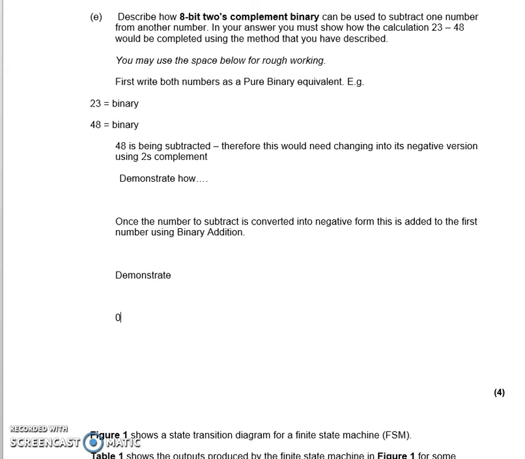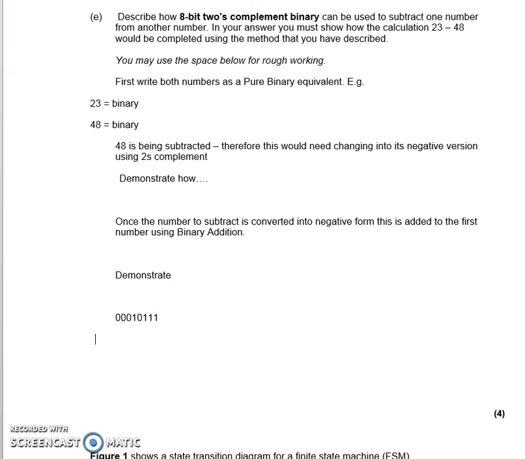So 24 would be this, and when you've worked out minus 48, that gives you this, and adding them together gives you that, which is equivalent to minus 24. It is asking for a description, so you must describe as well as make sure your descriptions tie in with the example numbers given.